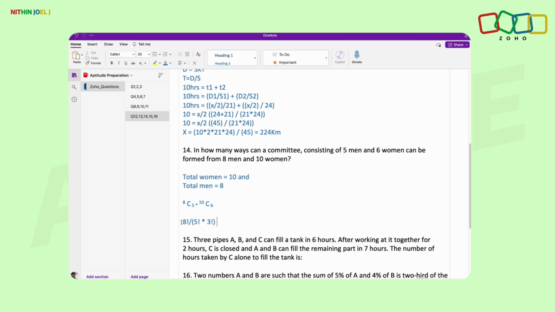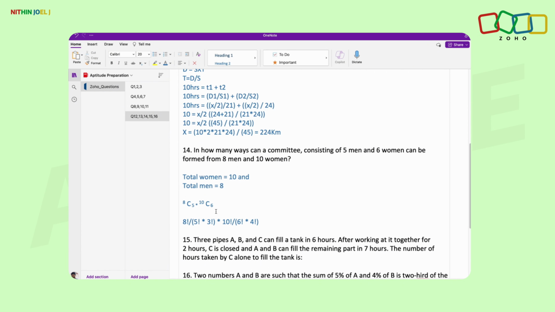So this into 10 factorial divided by r factorial, which is 6 factorial, into n minus r factorial, so 10 minus 6 is equal to 4 factorial.